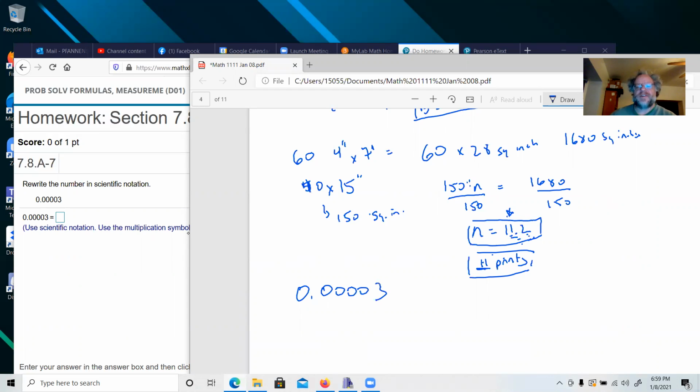Okay, we have to go with scientific notation. So how many places are we going to move the decimal place? We're going to go with 1, 2, 3, 4, 5. We want to make it a decimal, so we're going to go with a negative number, negative 5. We want 3, and I'd like to move the decimal to the left, so that's why it's a negative number.